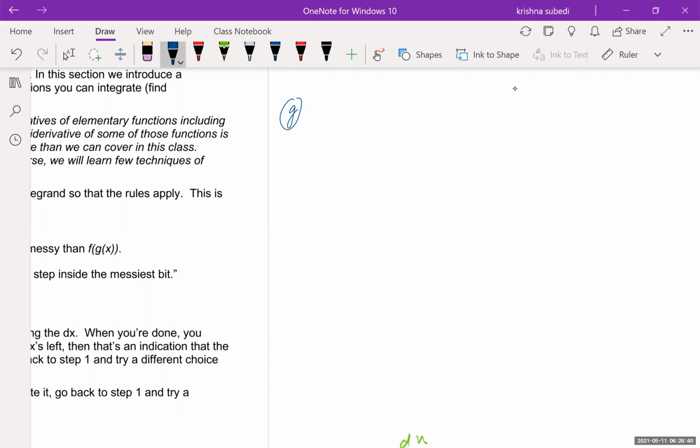So the part z is a definite integral from 2 to 10 of (ln x) raised to power 6 over x dx. Okay. Now, first of all, one of the important questions to ask is, what do I want to suppose u to be? u equals what?